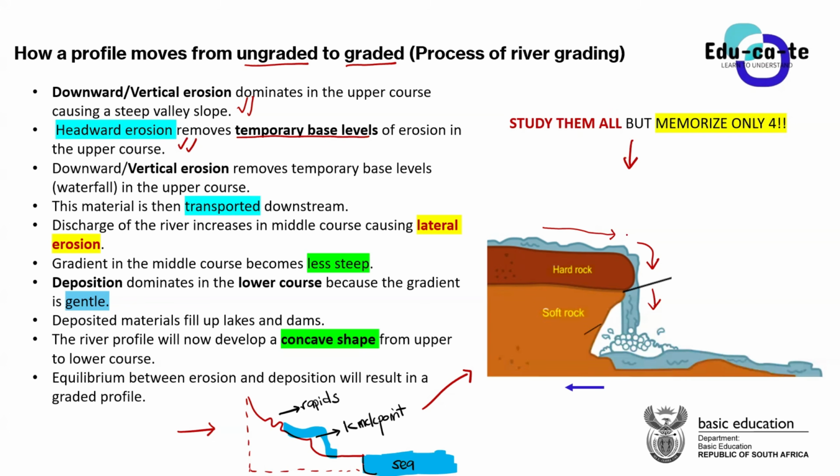Here, as the water is flowing and falling, as we are having this waterfall going on, what actually happens? The softer rock will be eroded, right? So it means that a piece of the softer rock will be cut off. The softer rock has been eroded.